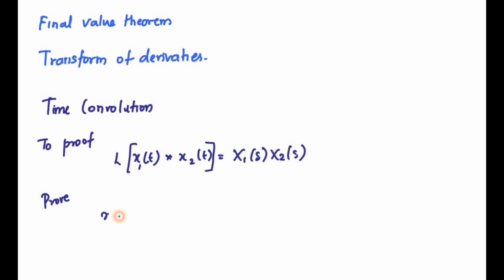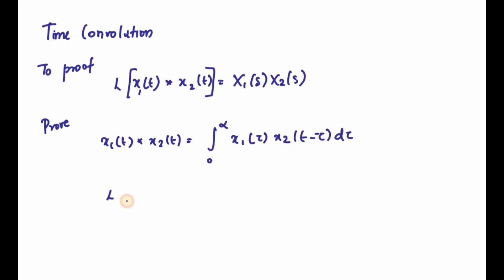So x1 of t convolved with x2 of t, I can write as integral from 0 to infinity of x1 of tau, x2 of t minus tau d tau. So this is the formula for the convolution.